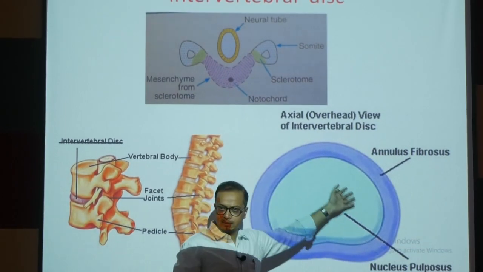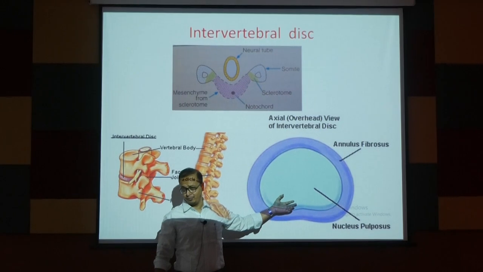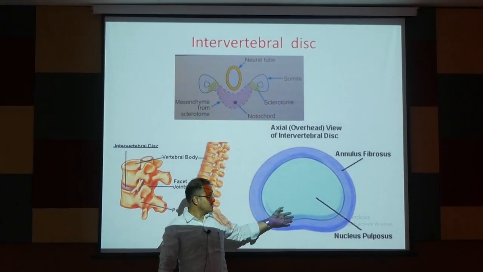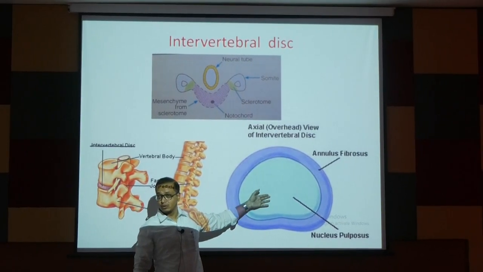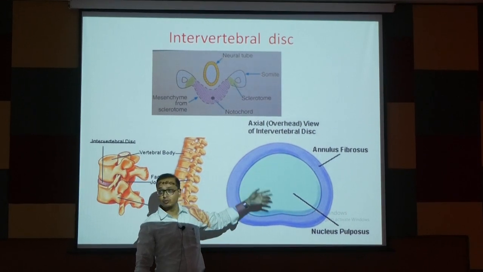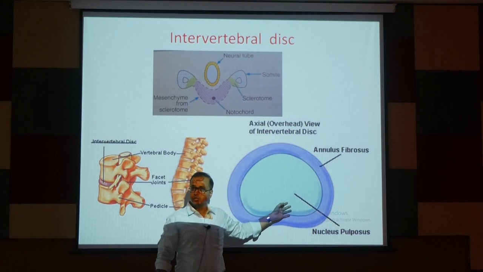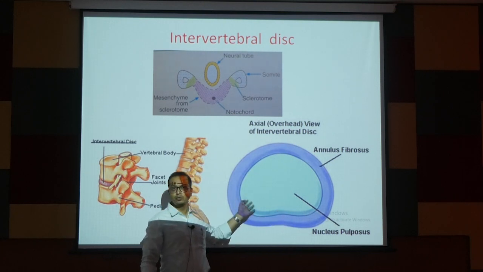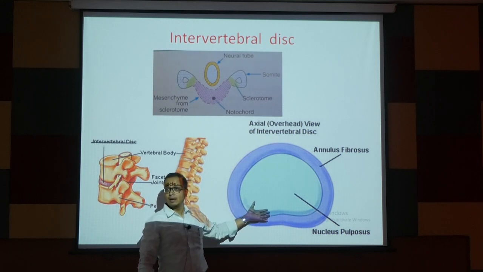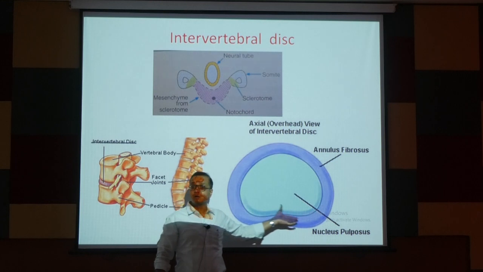Now this disc, as I am saying, in clinical life, which you are going to learn now. The nucleus pulposus, which the annulus fibrosus surrounds, is like a jello thing. If you're pushing it too hard, if you're compressing it too hard, it can break through the annulus fibrosus and move out or herniate out.